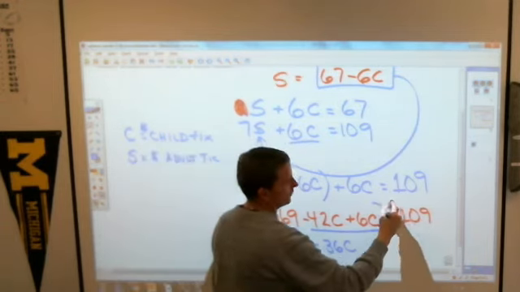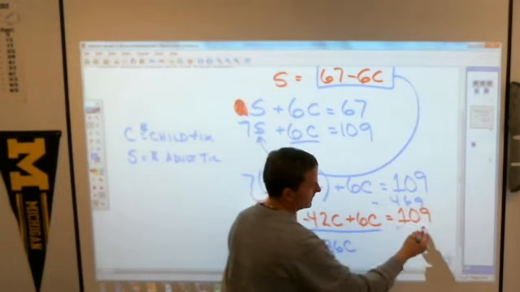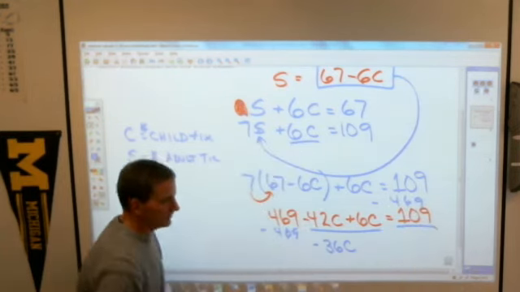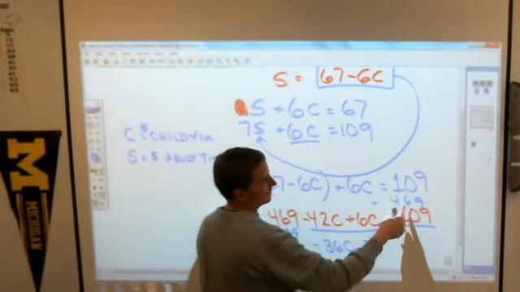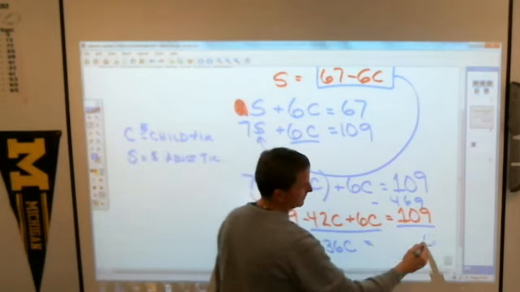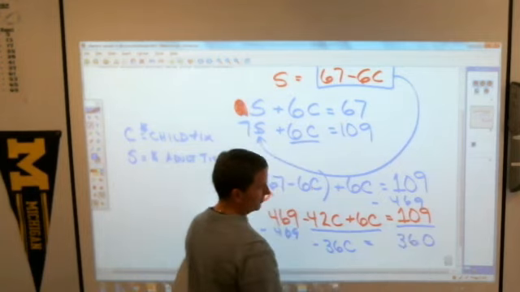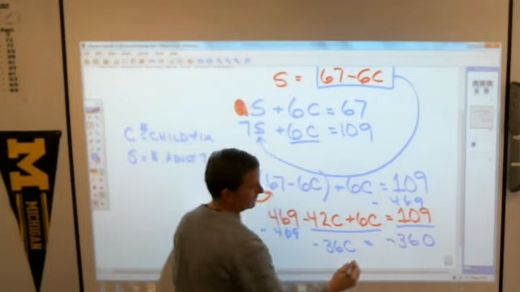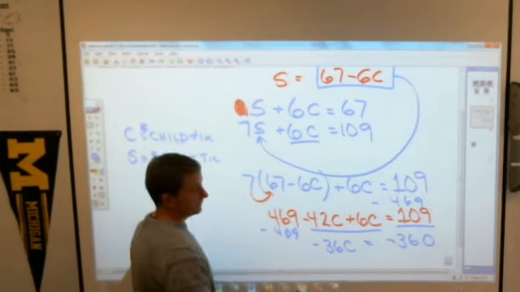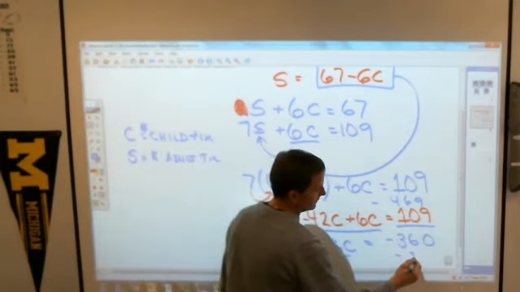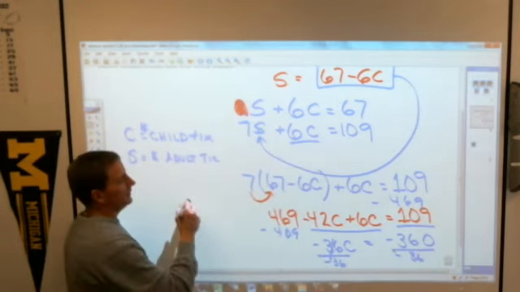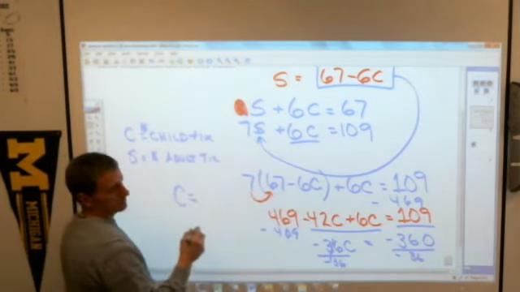Because we're taking the difference of those 2 things, I have 109 to the good and 469 to the bad. I end up with negative 360, which is good because in the end I'll get positive. Divide by negative 36. Divide by negative 36. Oh, look. C equals 10.